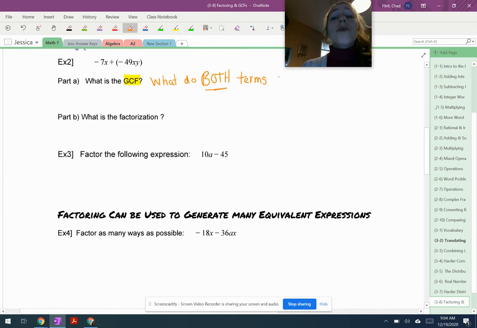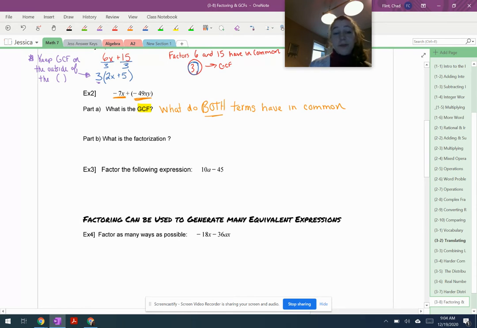So what do both terms have in common? What does that negative 7x and that negative 49xy, what do those pieces have in common that they share?